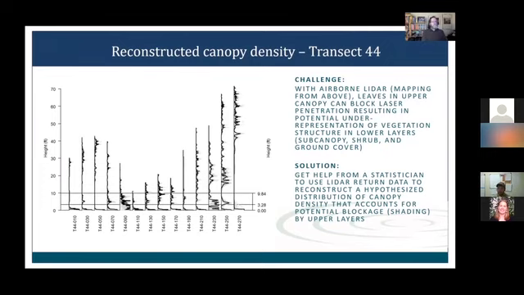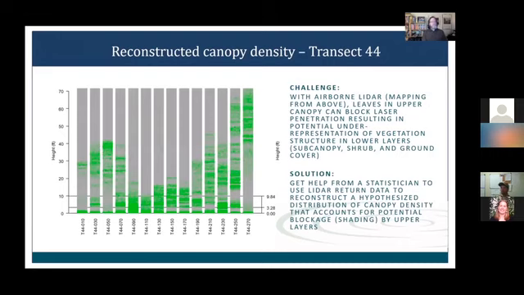And this plot shows one representation of that. You can see each line is at a different station, a circular plot station along the transect, and where the black lines jut out to the right, we can see that that's an area with increased leaf density. So you get a sense from this plot of the vertical canopy structure. Here's another way of presenting those data.